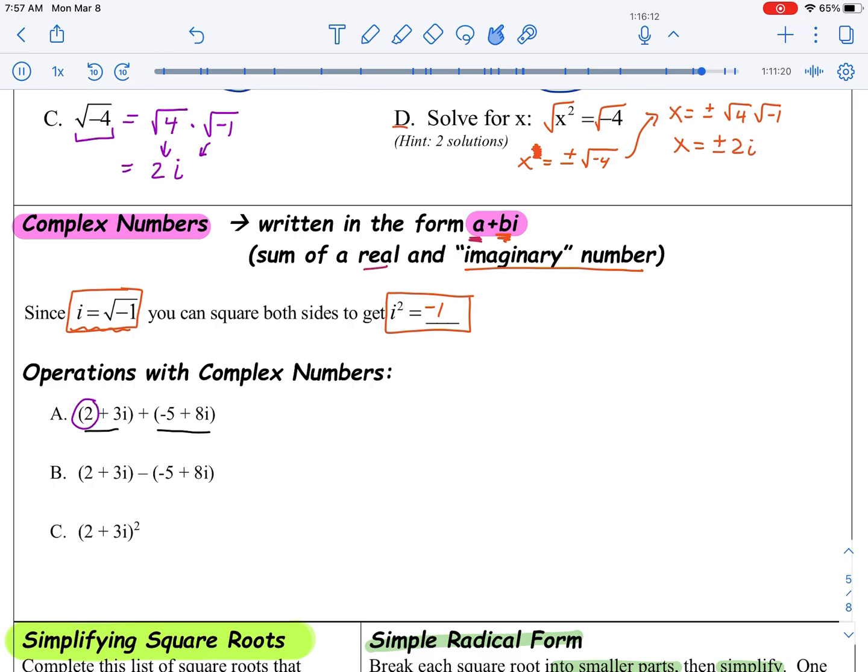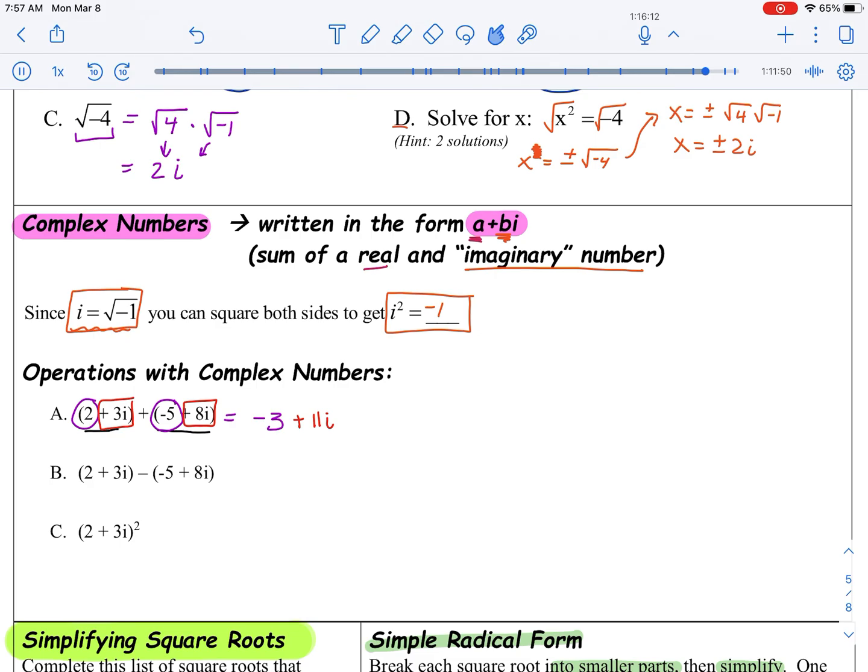I have a 2 and a -5, which are both whole real numbers. 2 plus -5 equals -3. Oh, but look, then I have positive 3i plus 8i, that's plus 11i. And that is my simplified answer for part A.